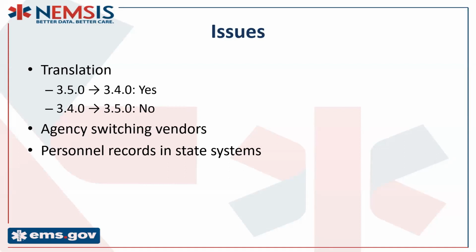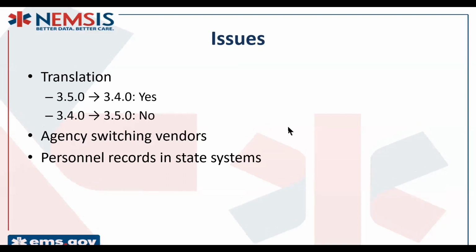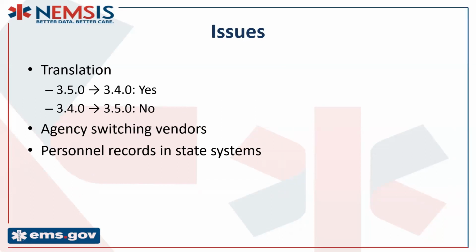So for a software system to translate from 3.4 to 3.5, that translation would have to happen internally in the software product, where the software product would have to assign new UUIDs to all objects and then export the data in 3.5 format. So the translation would require additional steps.